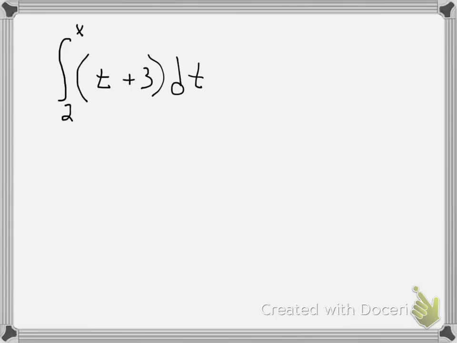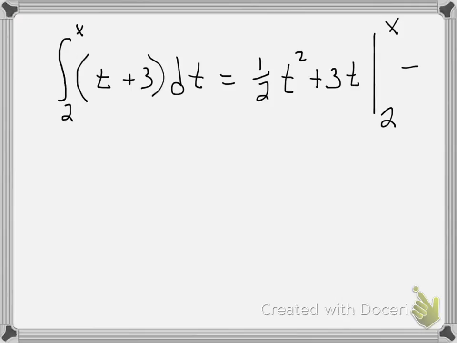And we wanted to evaluate this thing. Well, the antiderivative is 1/2 t squared plus 3t. And by the way, just because we have u substitution doesn't mean we need to use it. And we could evaluate this thing from 2 to x.